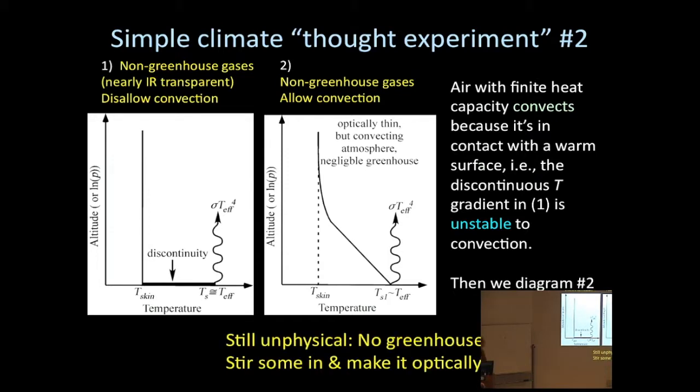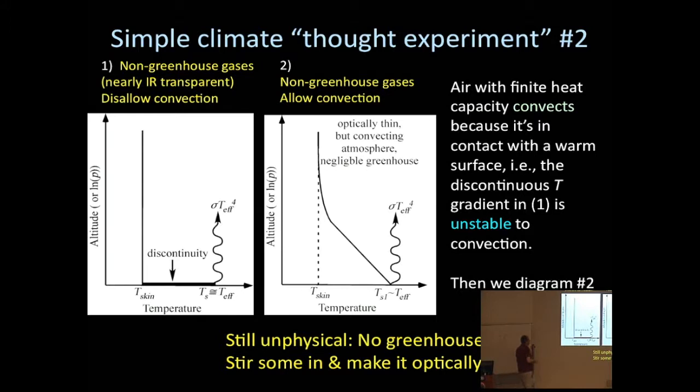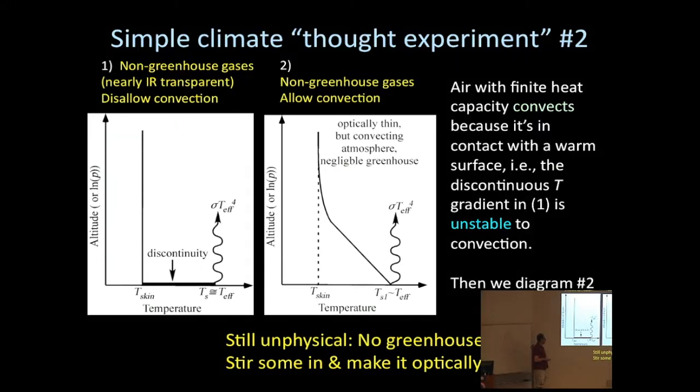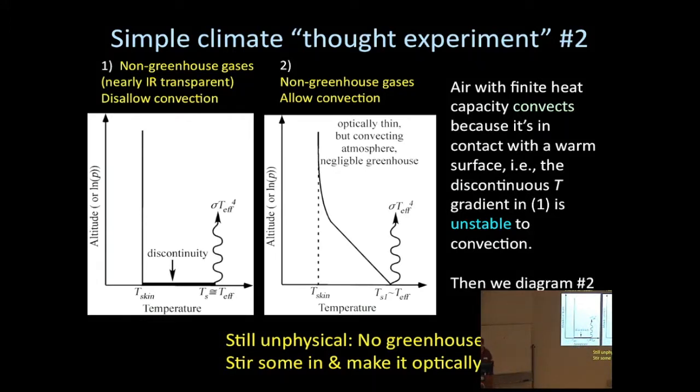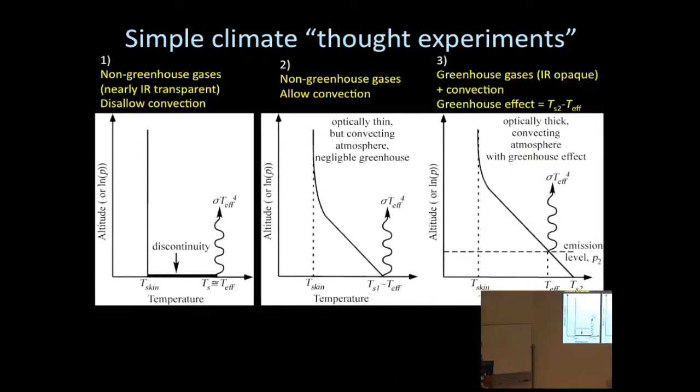But it's still unphysical because in reality, our planet is going to have some greenhouse gases. So we're still playing God, so let's take a spoon and we'll stir in some greenhouse gas into our atmosphere. And now we'll get diagram number 3. What's going to happen is that, just like the Earth, as we talked about in the approximation, now the emission level shifts up.